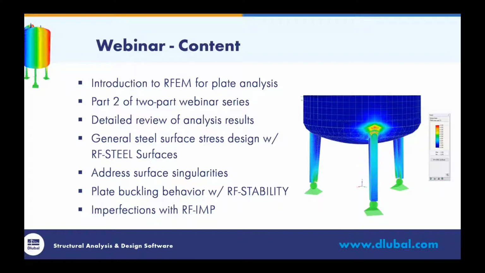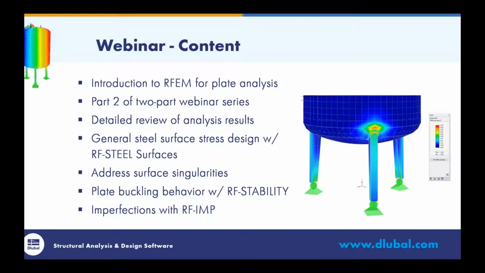This will allow us to design a general steel surface based on stresses only. I also want to address surface singularities and how we can combat these within an FEA program. We'll also get into our other add-on module, RF-STABILITY, where we'll be looking at plate buckling behavior, and we'll also be relating this to modeling imperfections with our additional add-on module, RF-IMP.